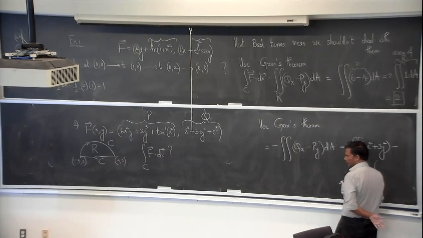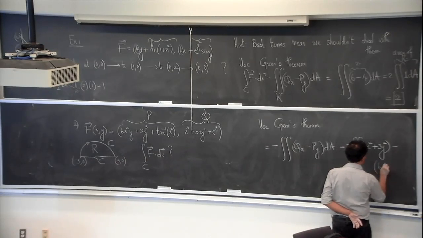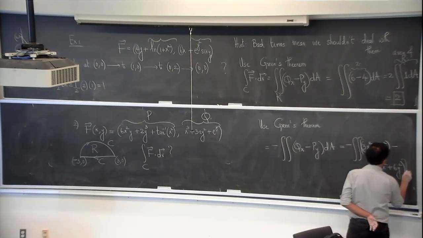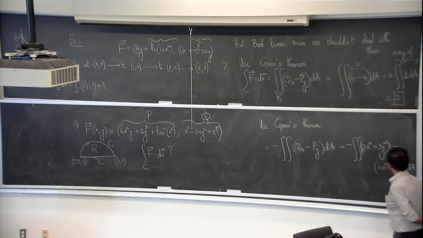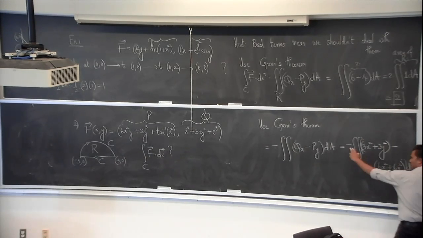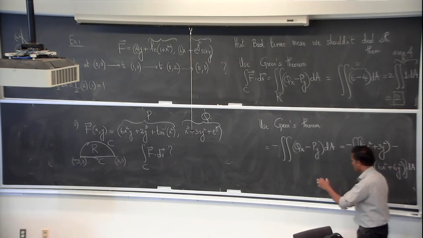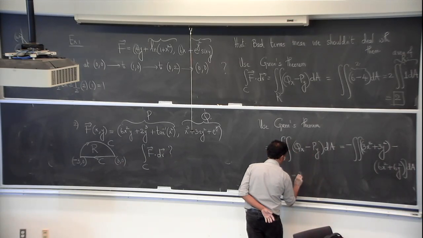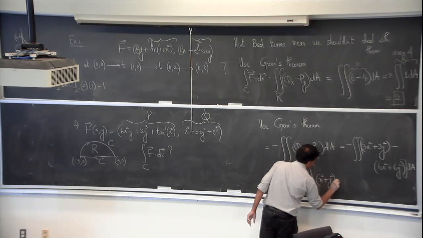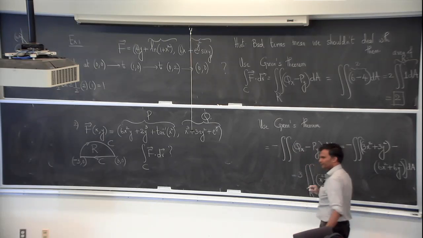You know where this is going. So the curl component of this would be negative 3x squared minus 3y squared, but with this negative sign outside, that kind of negates it out. That's going to be 3 times the double integral over R of x squared plus y squared dA.